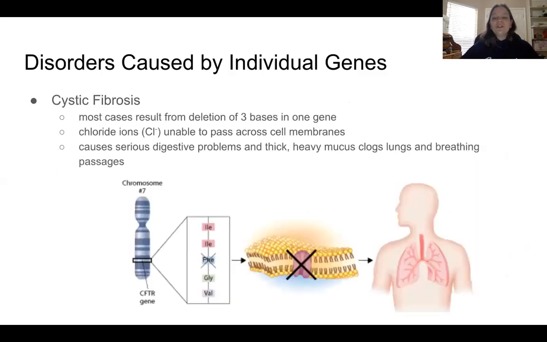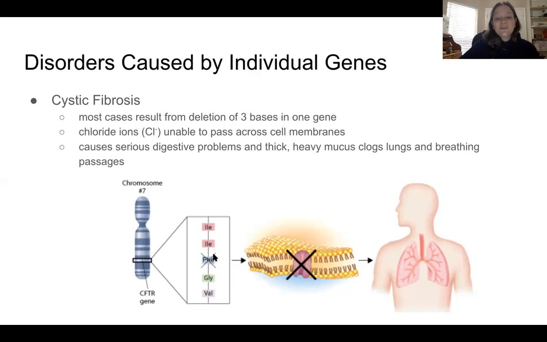Sickle cell is most commonly found amongst people of African descent. Another disorder that's caused by a single gene is cystic fibrosis, or CF, most commonly found in people of European descent. Most of the time, this is caused by deleting 3 bases, and it ends up deleting this one amino acid right here.